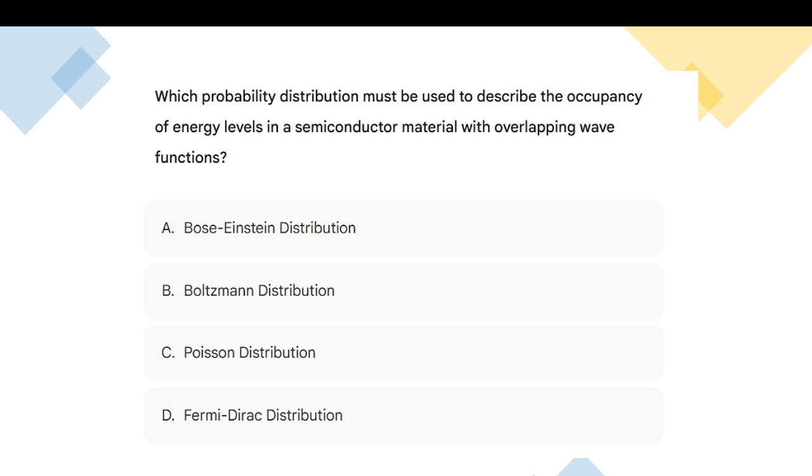Moving towards the next question: which probability distribution must be used to describe the occupancy of energy levels in a semiconductor material with overlapping wave functions?